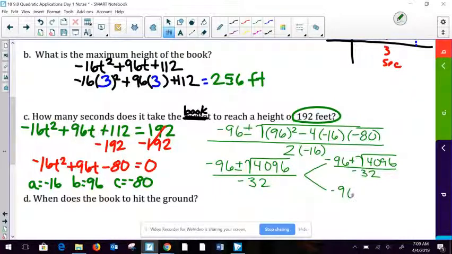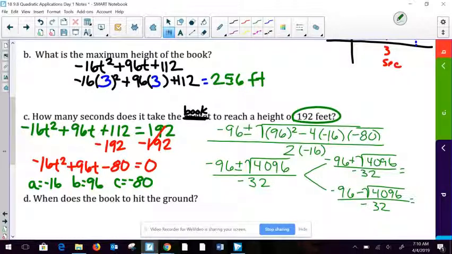And negative 96 minus the square root of 4,096 over negative 32. So let's go ahead and punch them into the calculator. Remember, if you want to follow along with me as I punch it in, feel free to. Negative 96 plus the square root of 4,096 equals, now divided by negative 32.